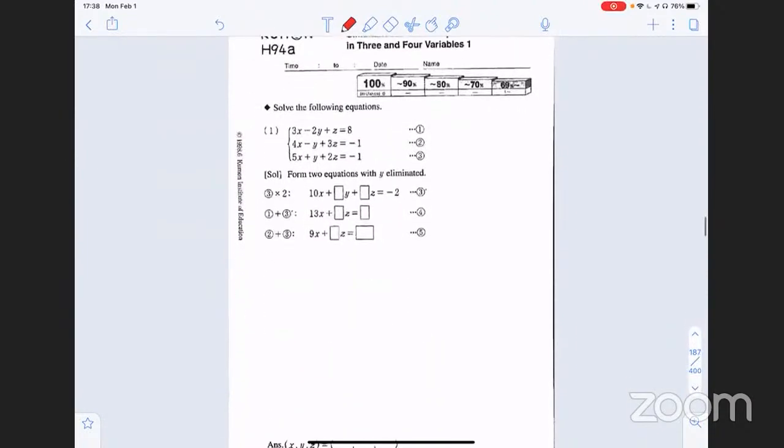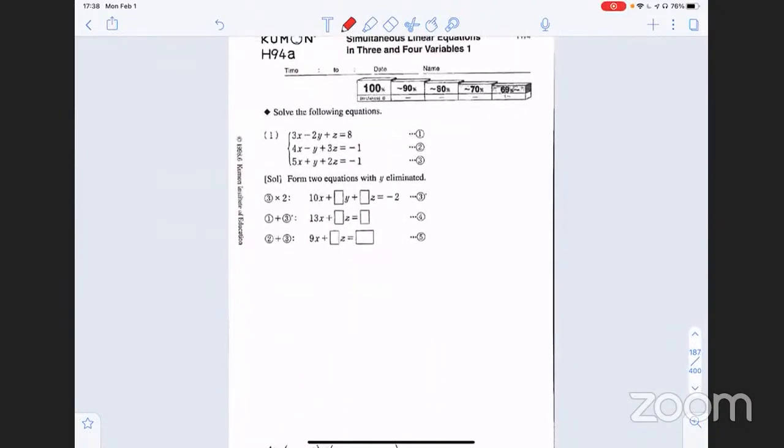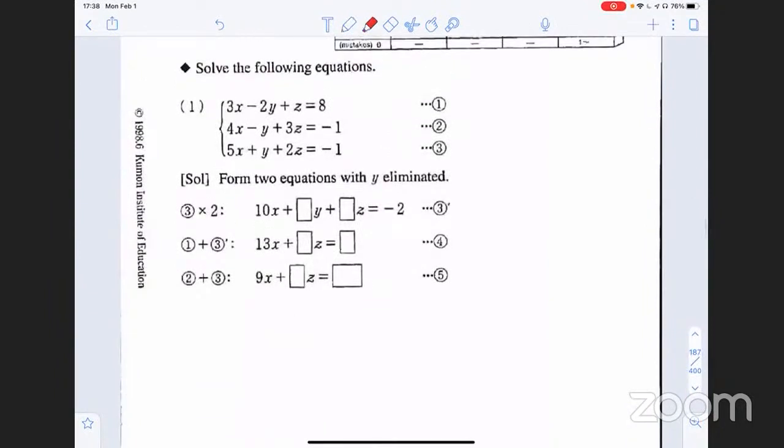And let's go to 94. So over here, the question is that when we look at all the coefficients, 3, 4, 5, 2, 1, 1, 2 minus 1, 1, and then 1, 3, 2. All right. Definitely go with the least. You definitely want to go with the least and the easiest to solve. In this case, you want to get rid of y.